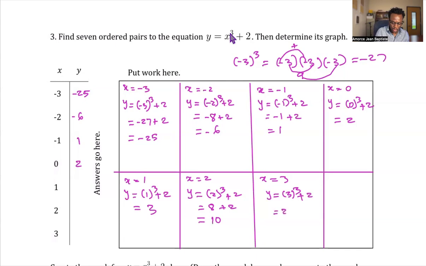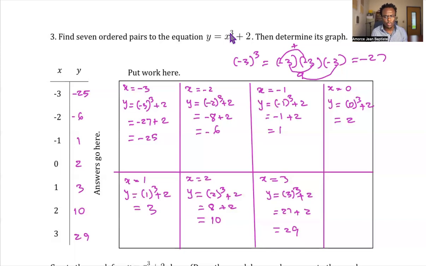That is 29. 27 plus 2 equals 29. This one also, we won't be able to plot, but I believe we will have enough points to plot to get the results that we want.